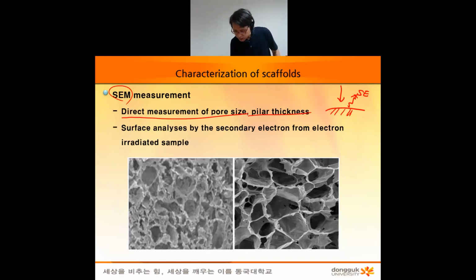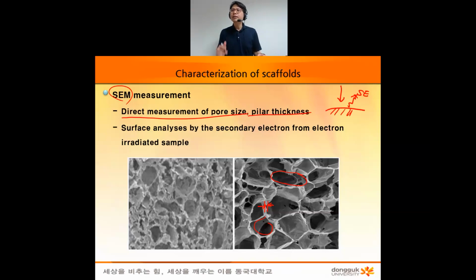So as you can see here, we can measure the size of the pore here. And also we can measure the thickness of the pillars. In this way, we can calculate the pore size, porosity, wall thickness exactly. But with SEM, we cannot observe every part of the scaffold.